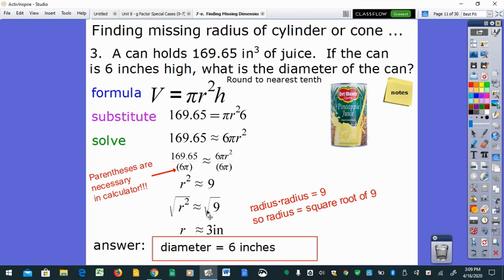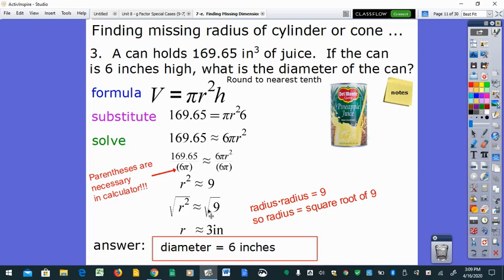So if I take my calculator and take the square root of 9, the square root button is usually in blue on our calculators at school over the x squared button. So you're going to hit the second function and the x squared, and that'll give you the square root.